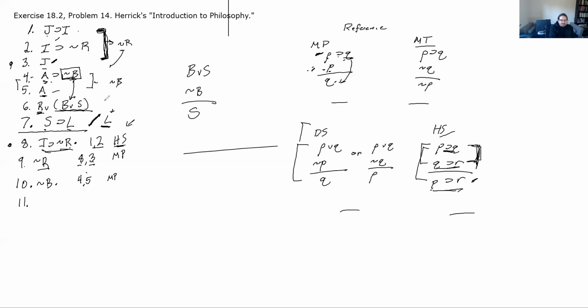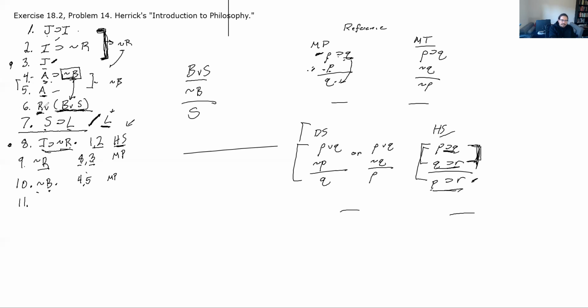And from line 6 alone, we don't know that this is true. We only know that either R is true or this is true. But until we can confirm that the right side is true on its own, we can't use disjunctive syllogism on it, not yet. So line 10 is something where we think we're going to use this, but not yet.